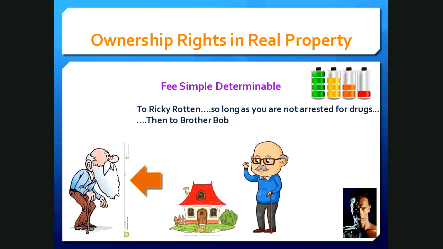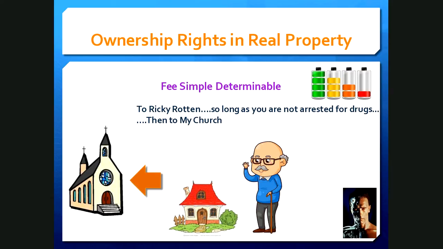Or maybe it was his brother Bob, or maybe to his church. He can let the property go anywhere he wants to, right? Because remember, that's your right of disposition. So he wants to give it to Ricky so long as Ricky's not arrested for drugs, and if he is, then he wants it to go somewhere else. That's your right of disposition.